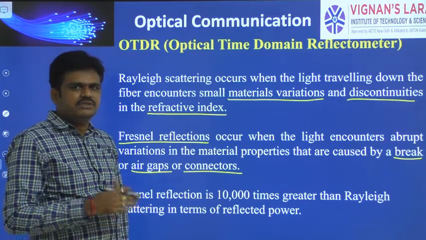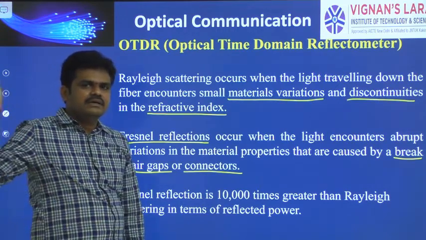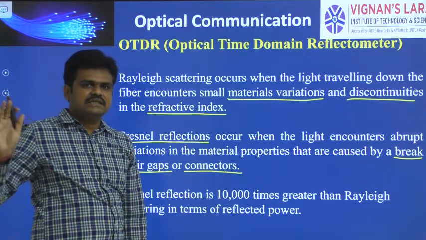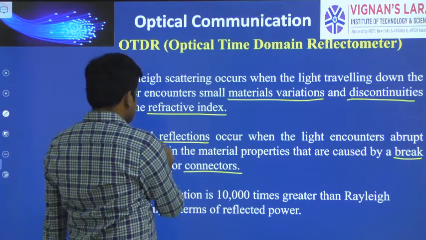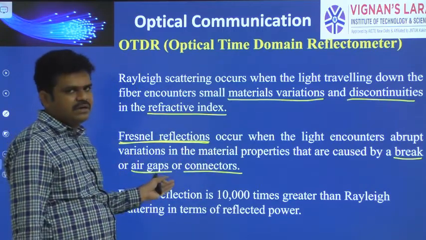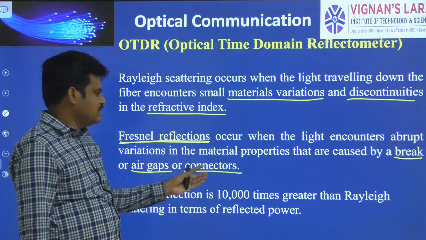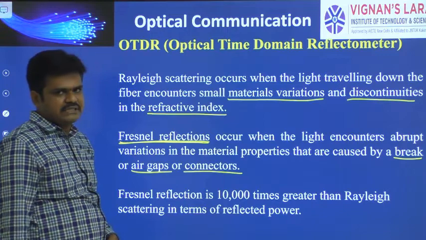Due to this reflected power, there might be a reduction in the received power level. This reflection due to broken fiber, air gaps in the fiber, or connectors is called Fresnel reflection.